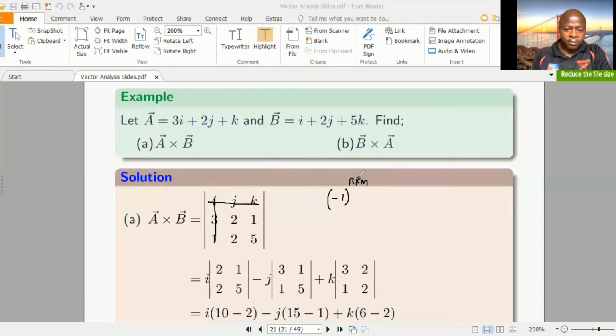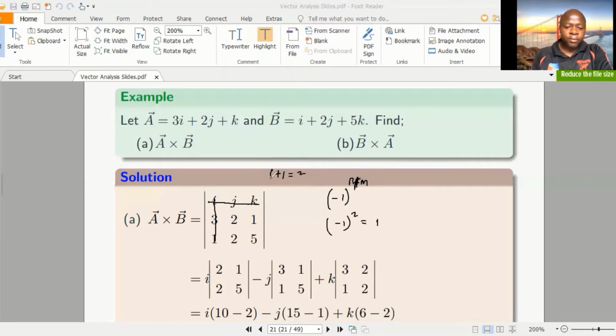The sign is plus. So I have negative 1 raised to the row of I, which is of course row 1, and the column of I, which is column 1. So this gives me 2. The sign here will be negative 1 raised to 2, and this will be positive 1. So that's why this one becomes positive.